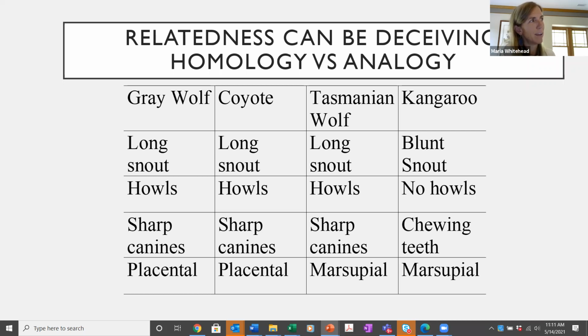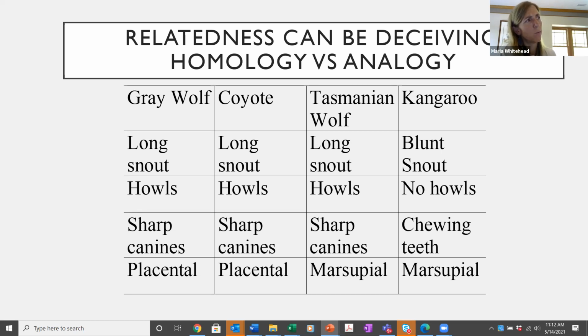So this is a great example of the relatedness amongst the gray wolf, coyote, Tasmanian wolf, and the kangaroo. What we see is that although the gray wolf, coyote, and Tasmanian wolf share three characteristics: long snouts, howls, sharp canines, they are very, very distantly related vertebrates.